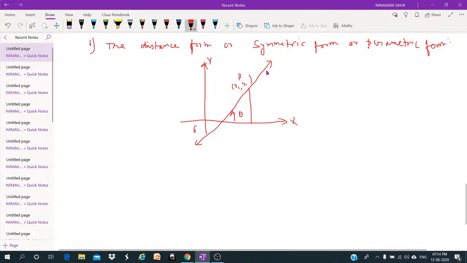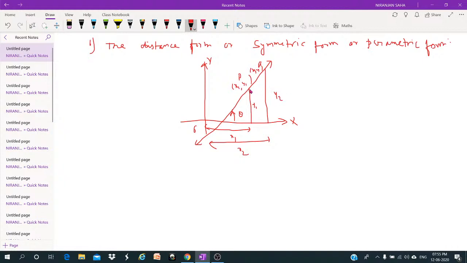So here we will take any point Q, its coordinate is x, y. Here this distance is x1 and this is y1. This distance is x2 and this is y2.